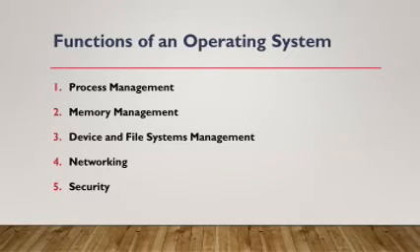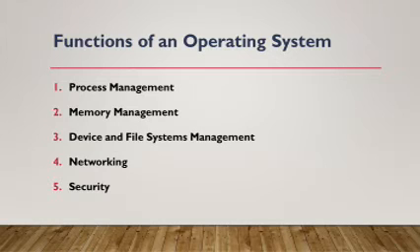We have 5 major functions of the OS. The first one was process management, in which we manage different kinds of processes of the operating system by multitasking, and the different types of processes based on computer software and hardware.